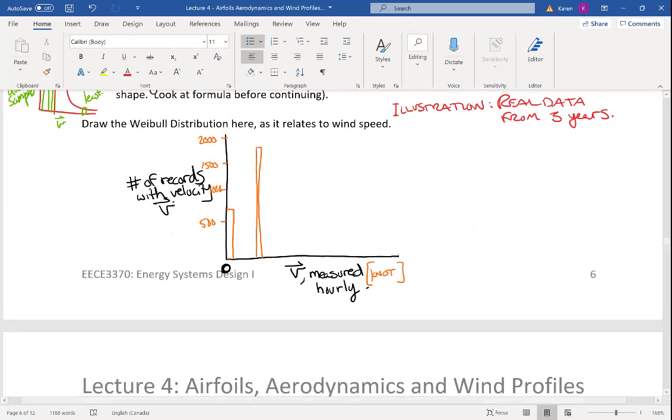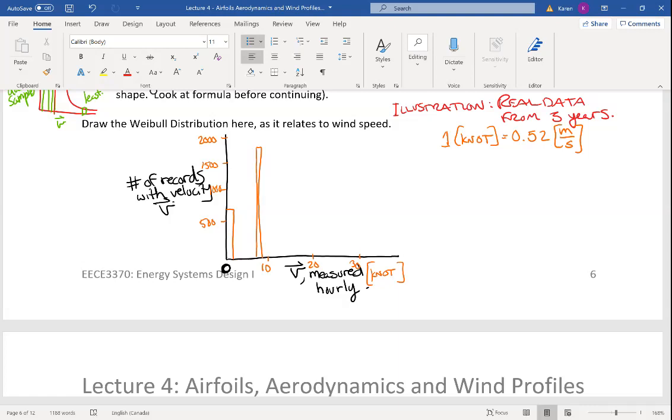So 1 knot of velocity is, a knot is a common way of measuring wind speed. I think it's a nautical term. 0.52 meters per second. So you'll be more familiar with meters per second. But my point is that at around, this was around 10 knots. I'm going to make this chart go to 30 knots.